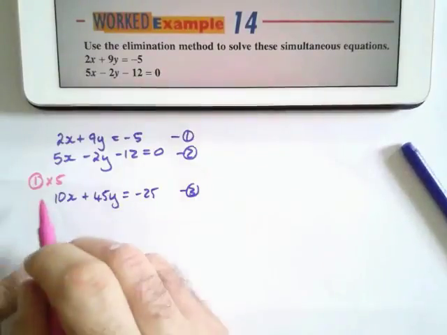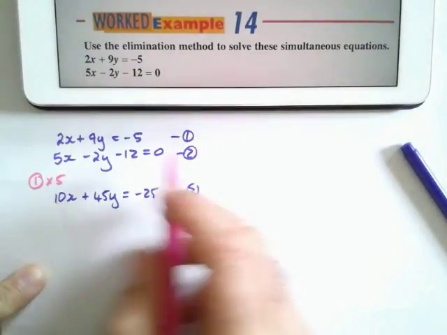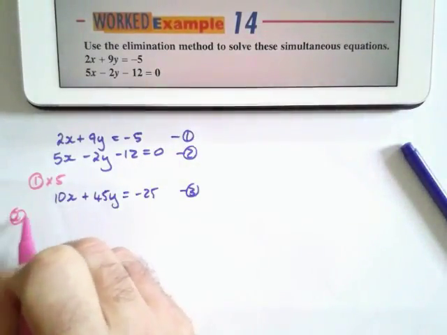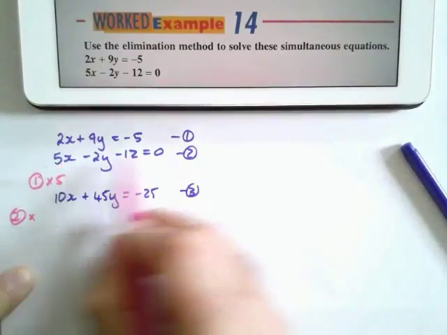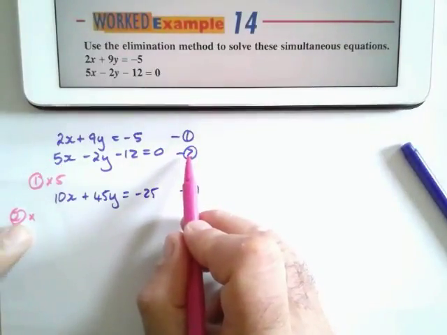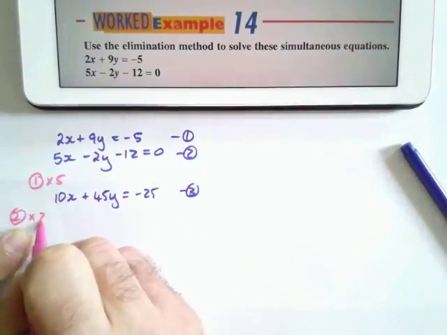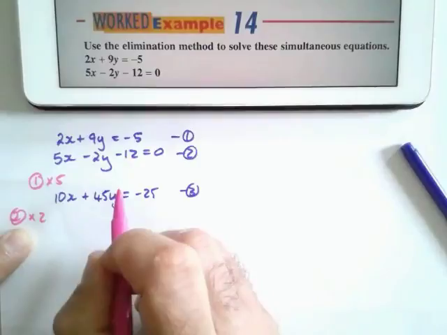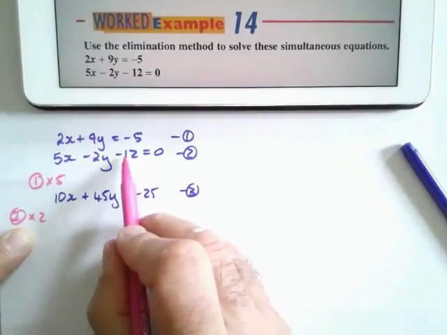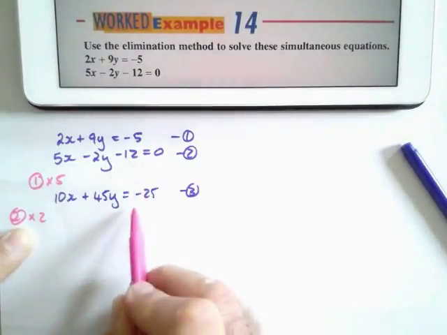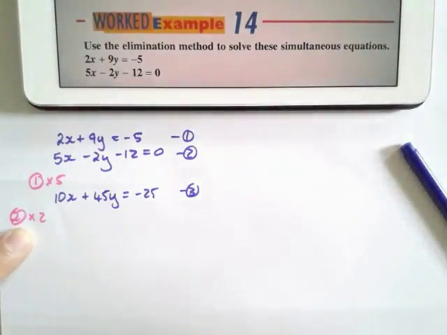Now I'm going to multiply equation 2 by 2 to get to 10. So I'm going to multiply every term in there by 2. And in the same step, I'm going to take negative 12 to the other side because I want x's and y's by themselves.